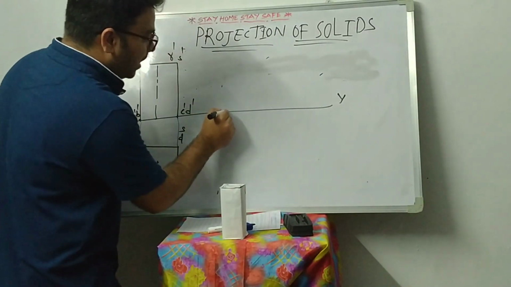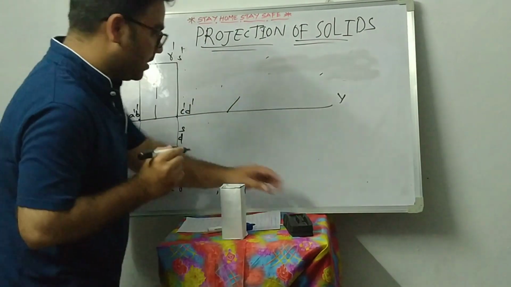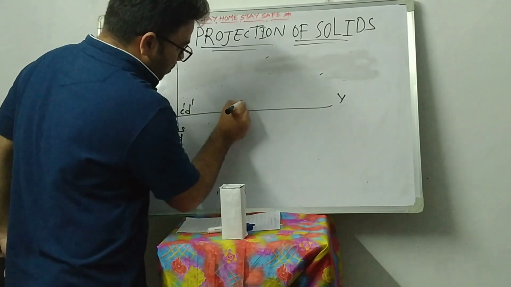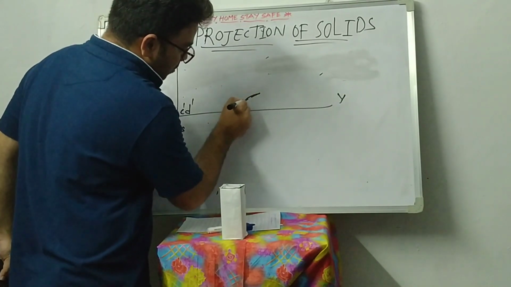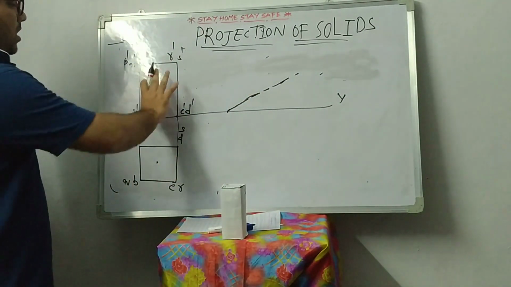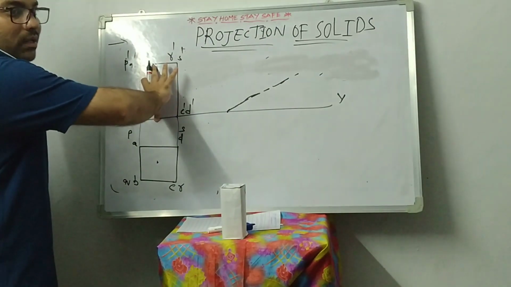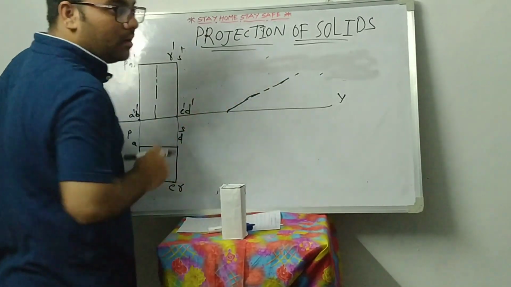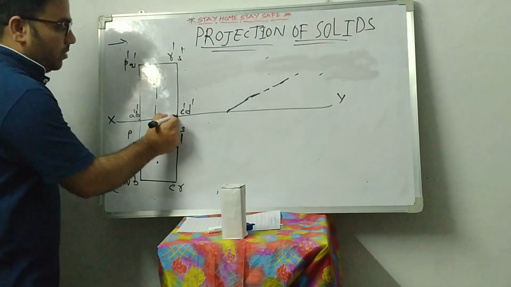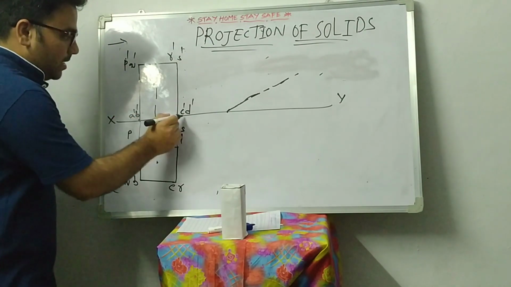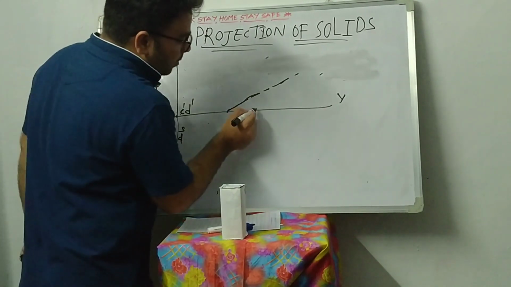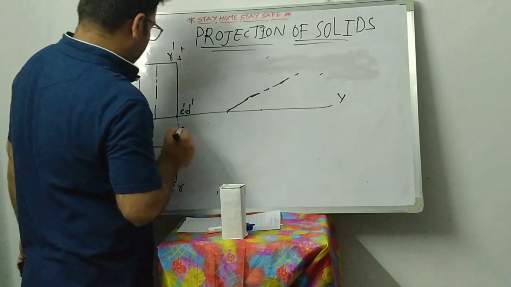So I am taking the axis line, the long dashed line. Whatever the length is there, 60 mm, I project it here. Now measure the distance between A dash and C dash and take it here.